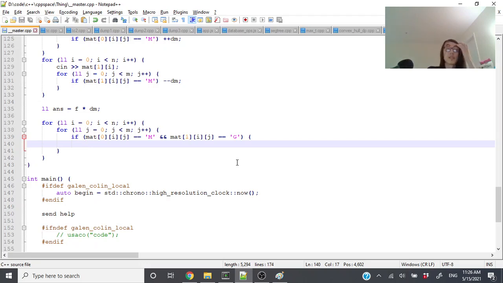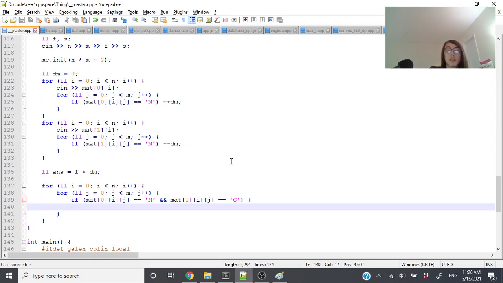And this basically says add an edge saying that we need to get rid of this m. M is 1, g is 0. So we need to get rid of this m, and to get rid of this m, we need to give 1 unit of flow to this, and then say that we need to get rid of it. So we add an edge from this to that.